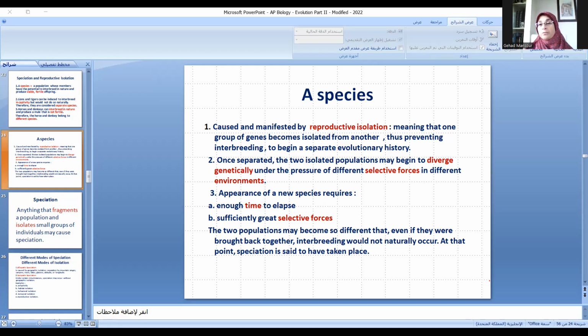And each of these two populations will be affected by different environmental stresses, different environmental selective pressures, and therefore, in the long run, they might end up being two different species.